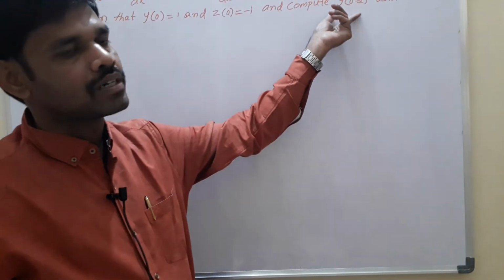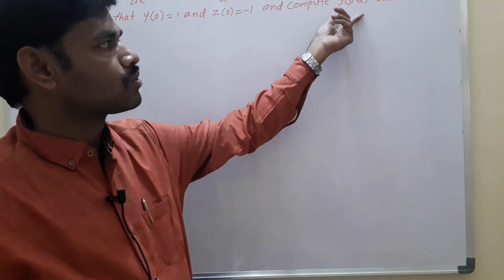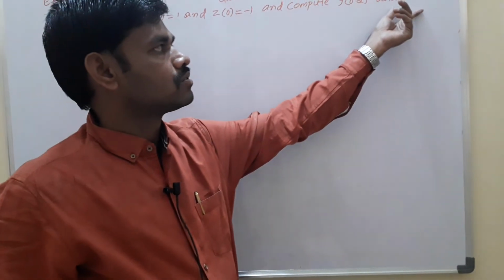So y of 0.2 means y2 and z of 0.2 is z2. First we can calculate y1, that is y of 0.1 and z of 0.1, and next using y1 and z1 we can calculate y2 and z2.